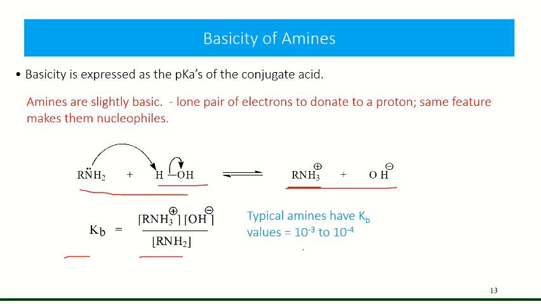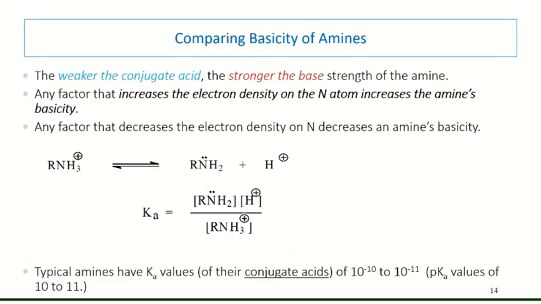And you can see the Kb values are very, very small, i.e. it's quite basic. Preferably, I like to use the Ka as a comparison between different bases. Now, think about this for a second.